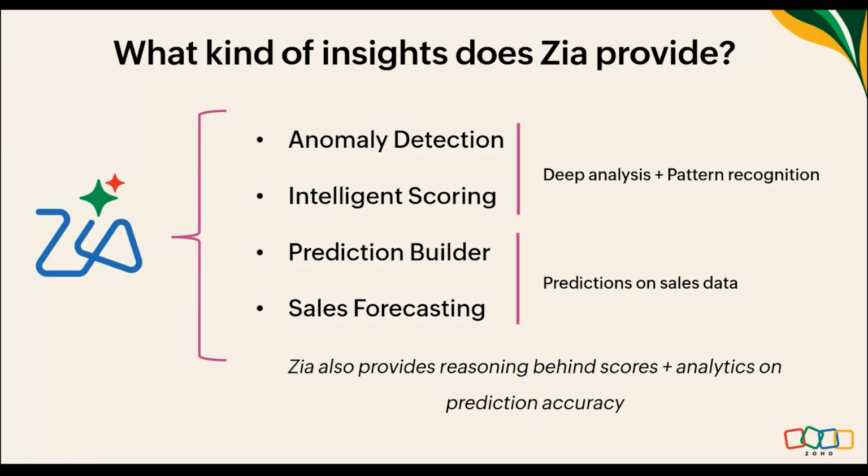And finally, it can even analyze all of your sales reps' performance and tell you what your sales forecast is likely to look like for the upcoming month or quarter. And the best part of all of this is that you also always get insight into why Zia is choosing certain scores or predictions for your data. And you can measure how accurate those predictions are over time as well.